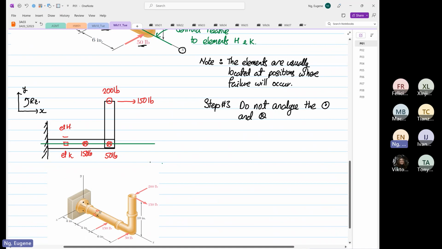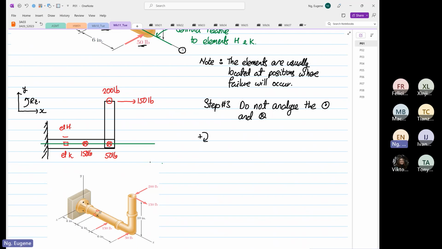The first thing is, we know that there's a moment acting in our z direction. We are going to take positive going this way.